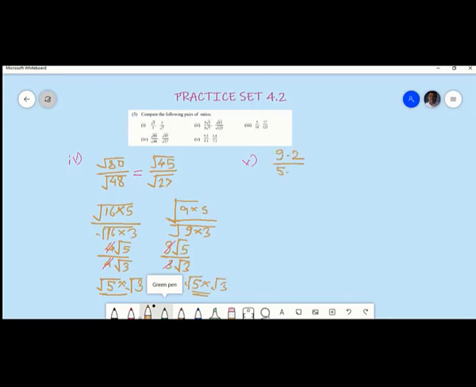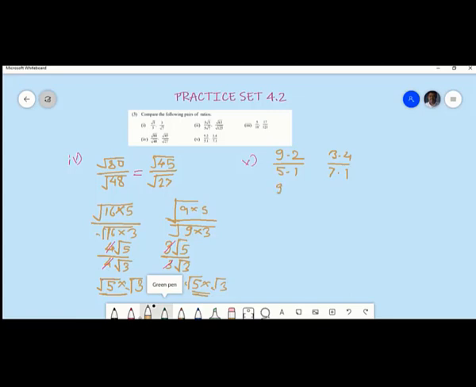Now the last example. 9.2 upon 5.1 and 3.4 upon 7.1. Look at this fraction, this value is greater than 1. If we divide 9.2 by 5.1, we get a value greater than 1, as the numerator is greater than the denominator. If we divide 3.4 by 7.1, we get a value less than 1.